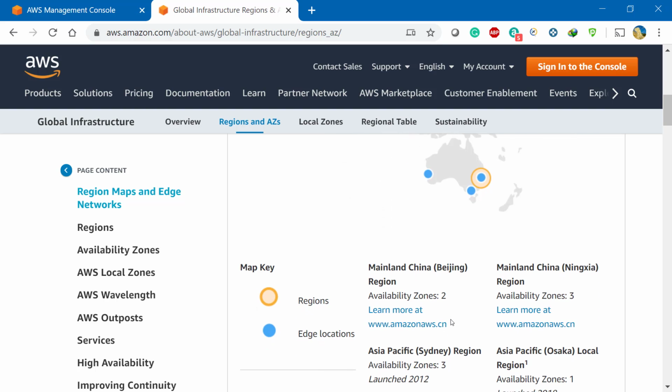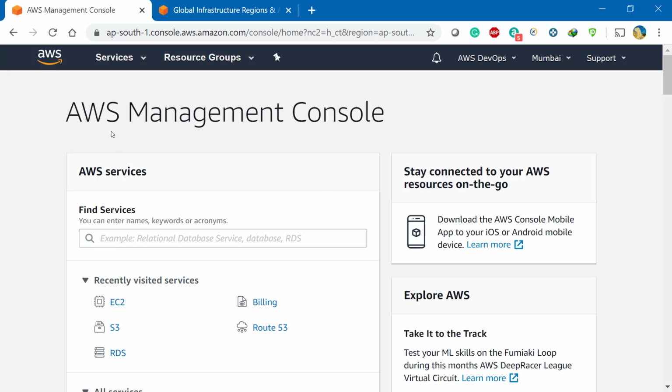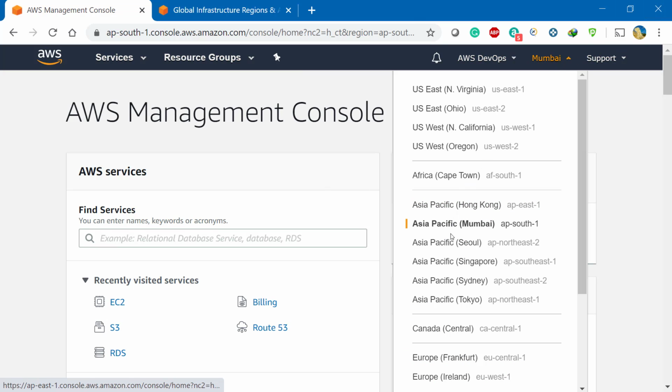Now, once you log into your console, you would be able to see this. You may notice that I'm currently in Asia Pacific Mumbai, that is AP South 1. This information matters a lot. It tells us where you are working right now, and secondly, what the region code is.